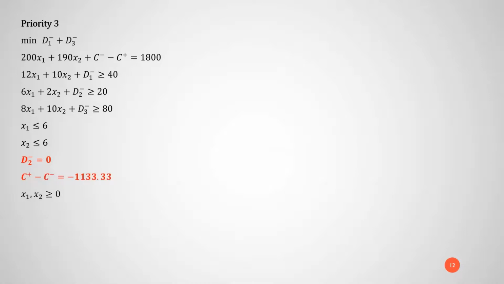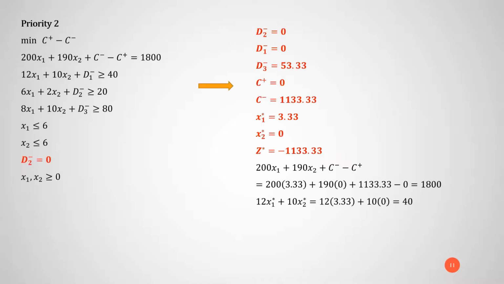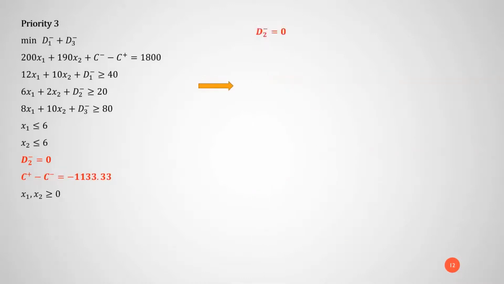So as you can see, I have this value, and the value of this is exactly the Z star. So I'm replacing it in the next priority. I'm treating it as a hard constraint. And when I apply this, I will get the related results.